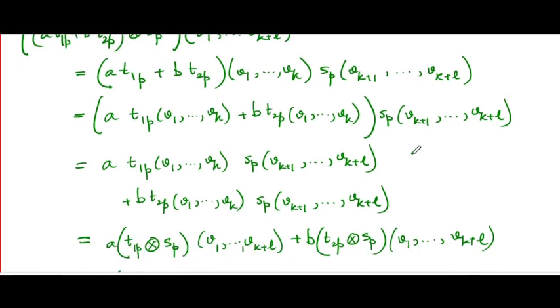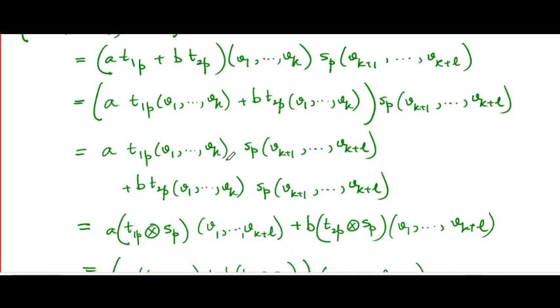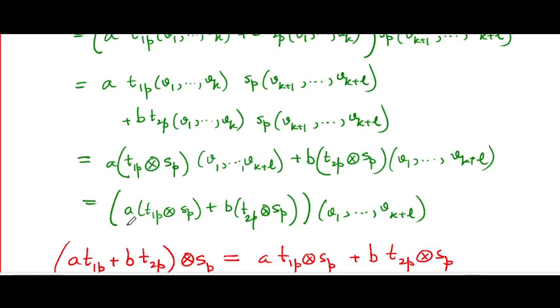But notice that this thing up here is nothing but T1P tensor product SP acting on these k plus L vectors. And this thing down here, apart from the B, the rest of it is nothing but T2 tensor product S given the arguments v1 through vk plus l. Or by the definition of how you linearly combine tensors, this is nothing but this combination AT1 tensor product S plus BT2 tensor product S acting on these arguments.